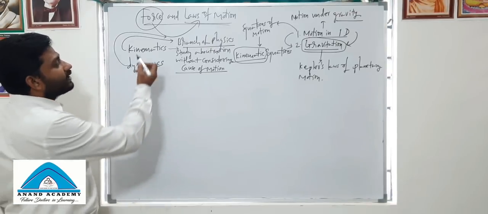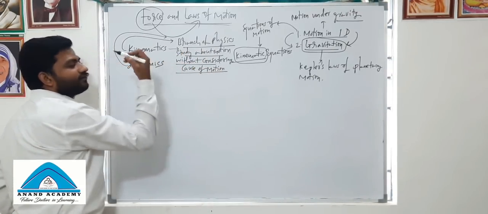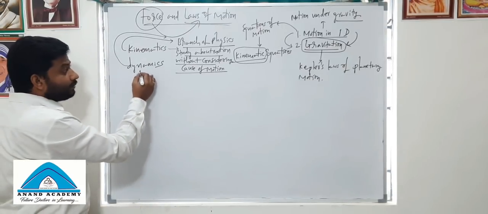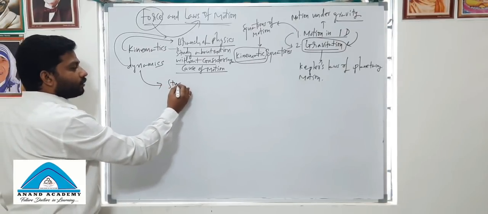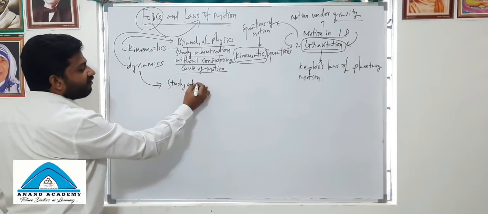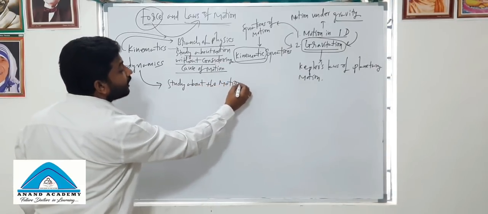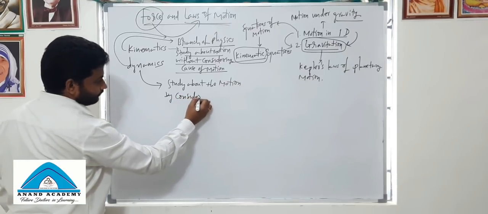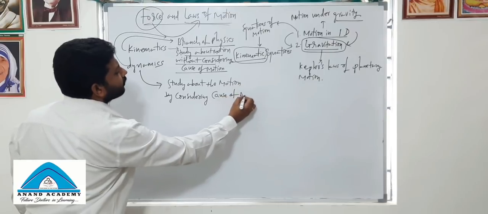Kinematics is the branch of physics where we study the motion of the body without considering the cause of the motion. Dynamics is the branch of physics where we study the motion of the body by considering the cause of the motion.